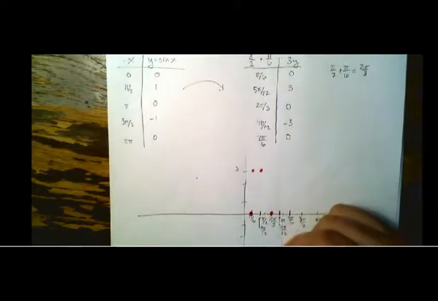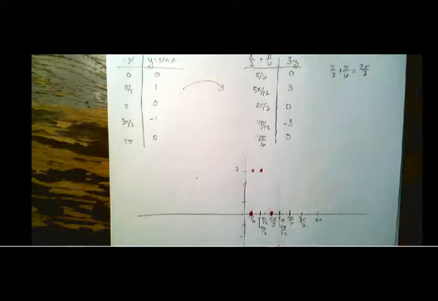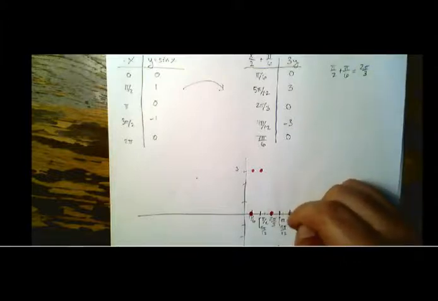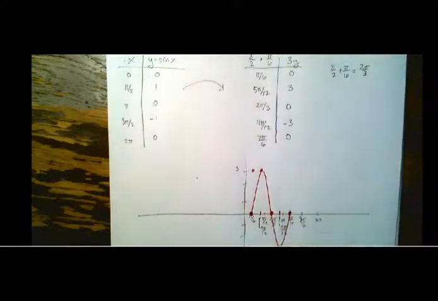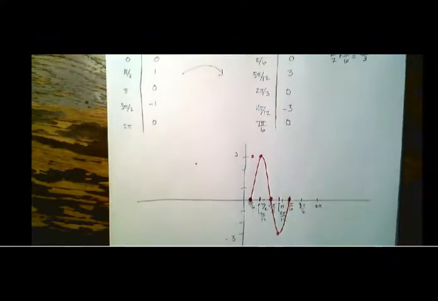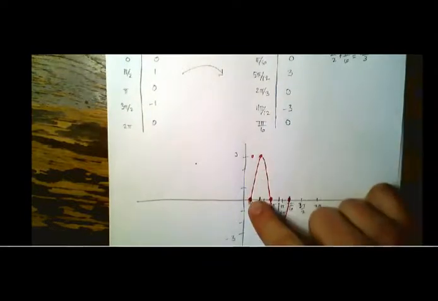Then down to -3. Then up to 7 pi over 6. So here we have this sine curve there. So you can see it has the same kind of orientation. It starts at 0, goes up, goes back down, that kind of thing. Okay?